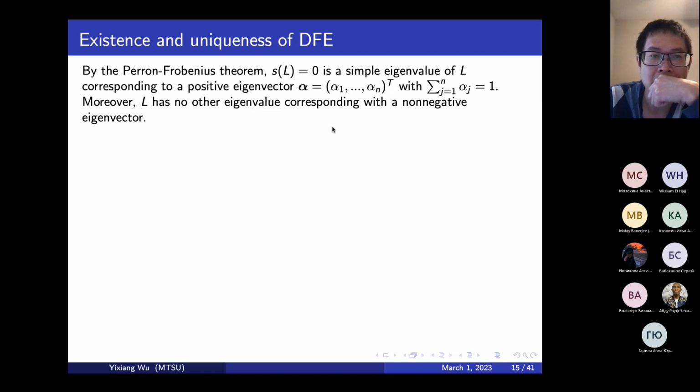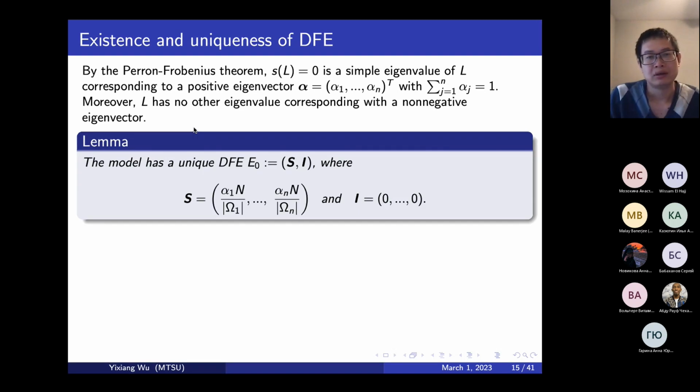Because of the assumptions on L, we can use the Perron-Frobenius theorem to get that the spectral bound of L is 0, which is a simple eigenvalue of L corresponding to a positive eigenvector alpha, and we normalize alpha such that it adds up to 1. L has no other eigenvalue corresponding to a non-negative eigenvector.